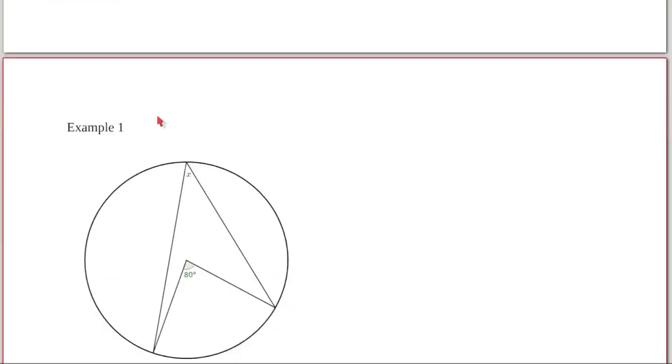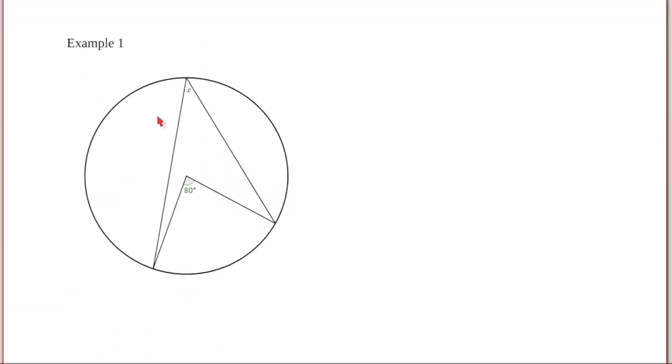So our first example, you are required to find x, and x is at the angle on the circumference. So if you double the angle on the circumference, you are getting the angle at the center. So in our case, the angle at the circumference is x. 2 times x gives me 2x. This should give me the angle at the center, which is 80.